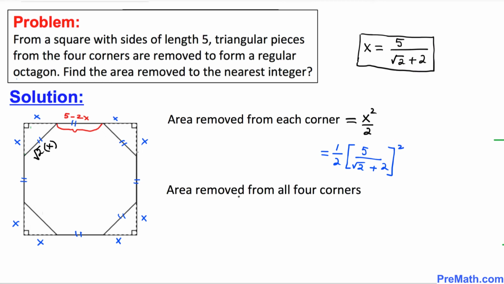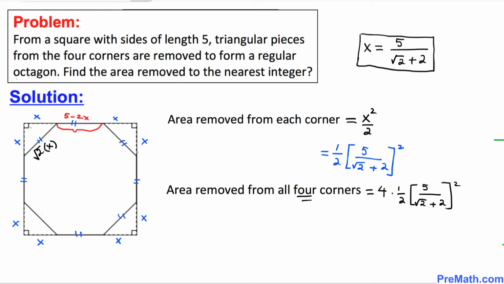And thus the area removed from all 4 corners is equal to 4 times 1 over 2 times 5 divided by square root of 2 plus 2, then squared.